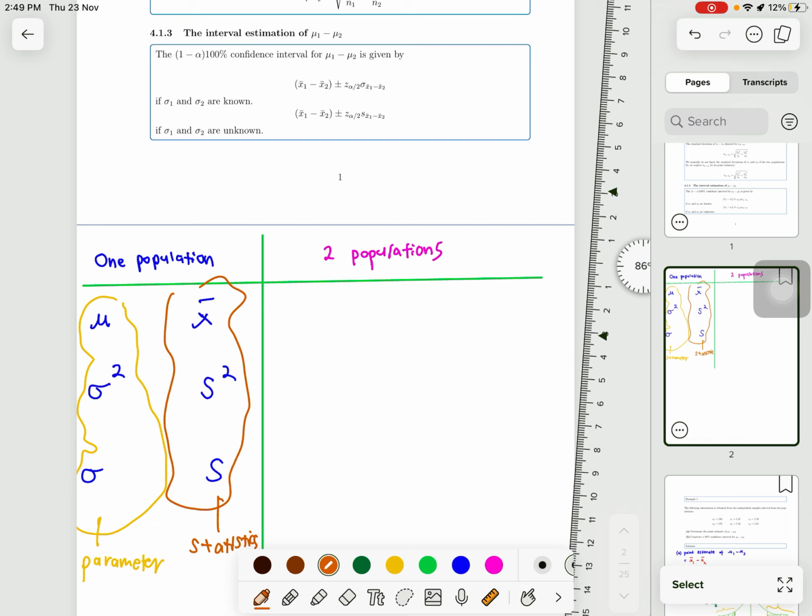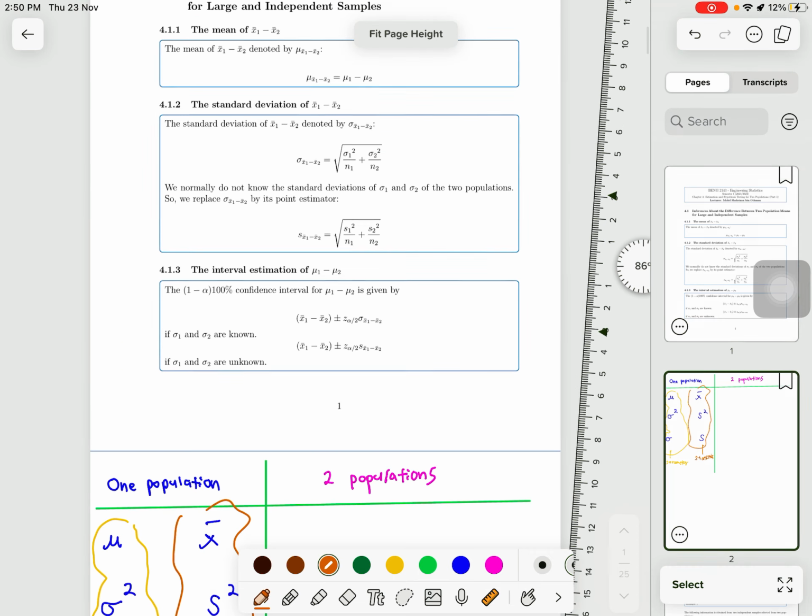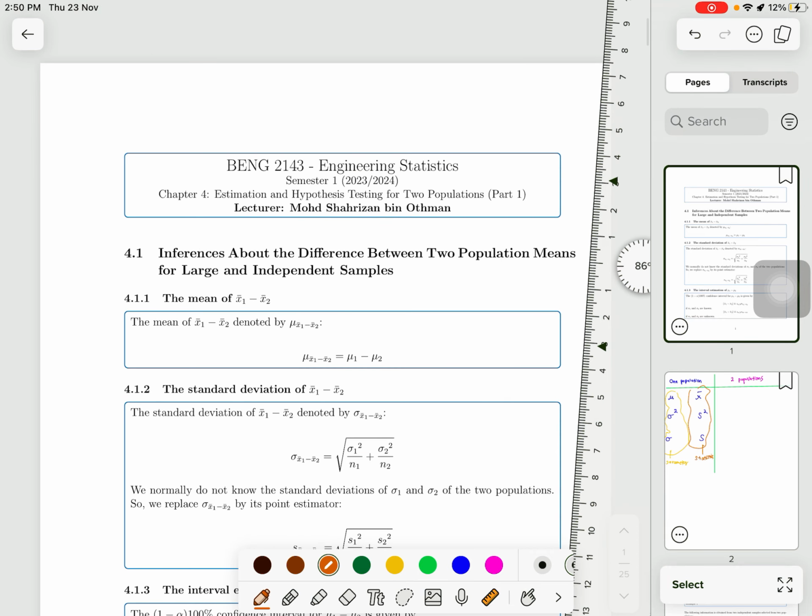Same goes to two populations. So why do we use the term different?